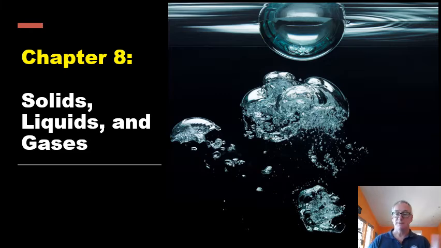So this next chapter, we're dealing with different phases of matter: solids, liquids, and gases. The key things we're going to learn about them is why certain things are solids, liquids, and gases. And you'll see they're basically related to some of the stuff we've been learning about molecular shapes.